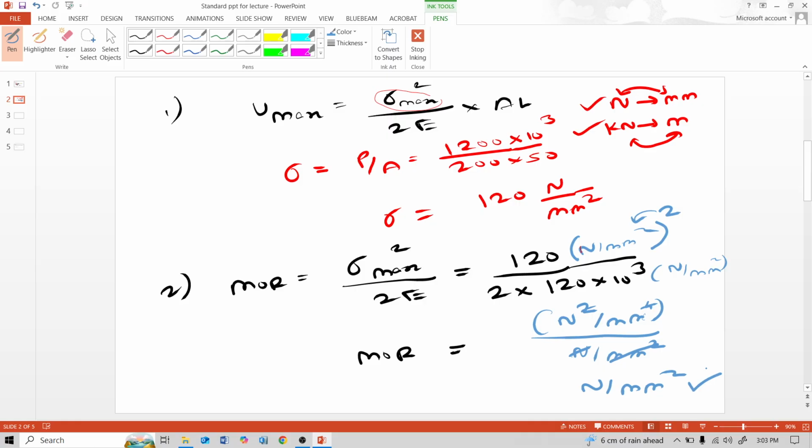Calculate mathematically 120 divided by 2 into 120 into 10 raised to 3. You will get modulus of resilience. This 120 square divided by 2 into 120 into 10 raised to 3.